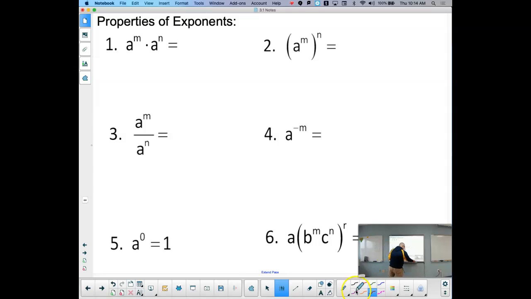But the kicker here is that we have to have the same base in order to use most of these properties. When we have the same base, in this product property we add the exponents.